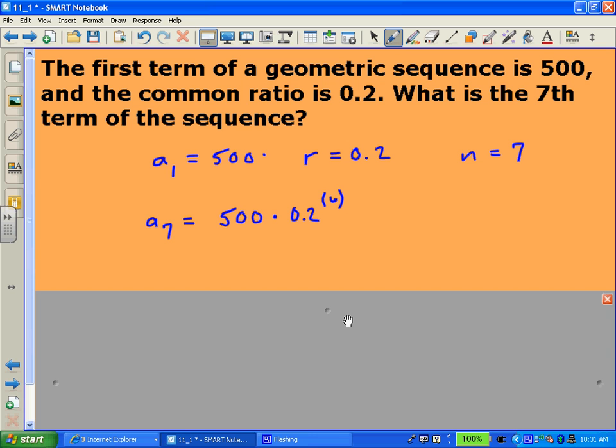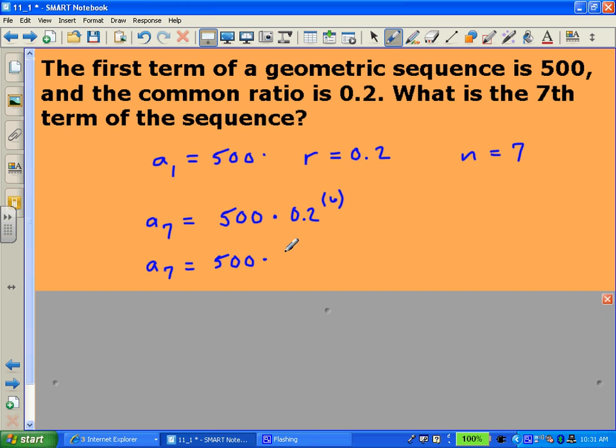So then I got to figure out what's 0.2 to the sixth power. I gotta do this on my calculator. I don't know it off the top of my head. We got lots of zeros here. Actually, I should have known this because it's just 2 to the 6th power.